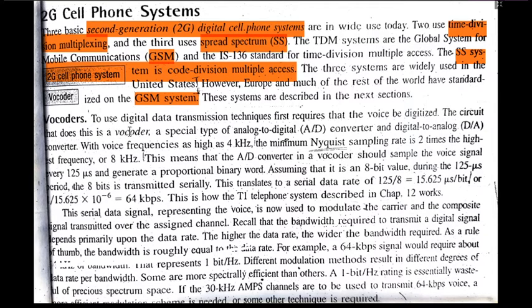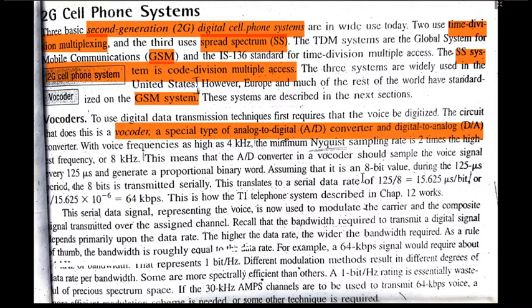Okay, now the vocoder is a special type of analog to digital converter, and you also require a digital to analog converter in the vocoder. Then only the analog voice signal will be compressed.